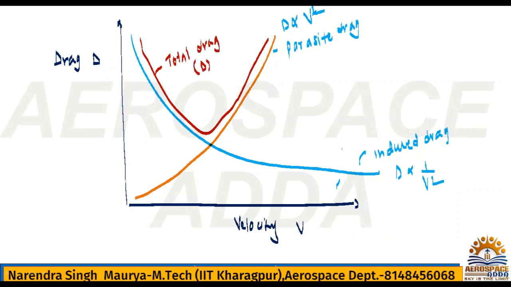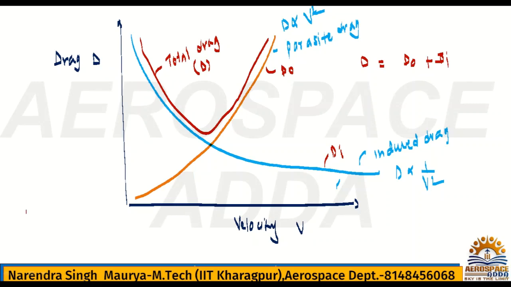Total drag D, because this is the induced drag Di, this is the parasite drag D naught. So total drag will be D is equal to D naught plus Di. Yes or no? Fine. So this is the total drag.